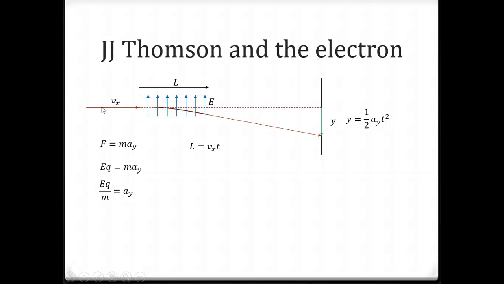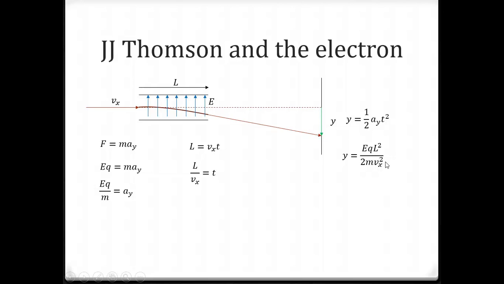I know that the length is vx times t, I know there's no acceleration in that direction, and so we get length divided by vx equals t. I can plug that in for y and plug in what I know about acceleration, and then I get an expression for how y depends upon the electric field, the charge, the mass, the vx, and the L.